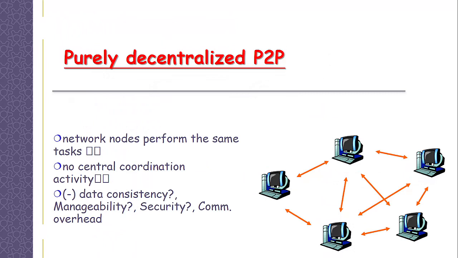As a matter of fact, any technology normally has some downs and ups. So you can realize that, of course, the peer-to-peer network also can run into problems. Maybe we can talk about communication overhead, manageability of this communication, security, how consistent the data is, right?